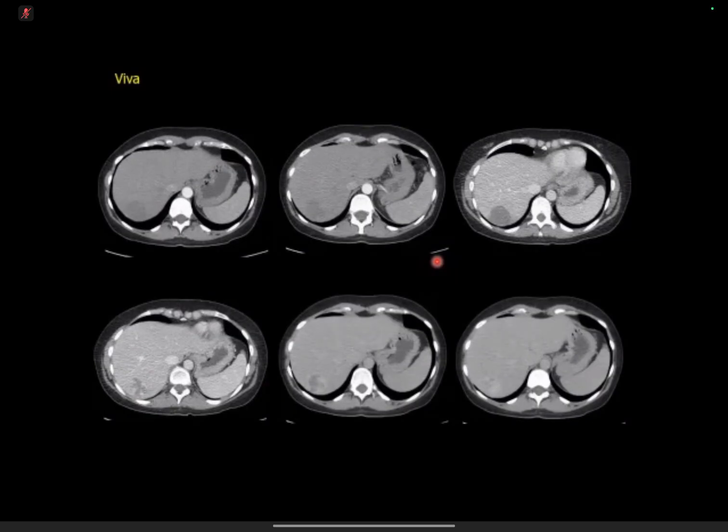There's no capsular retraction associated with it, so my differential, my thought process, was that this represents a benign hemangioma.